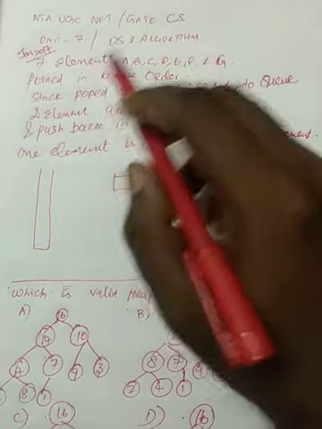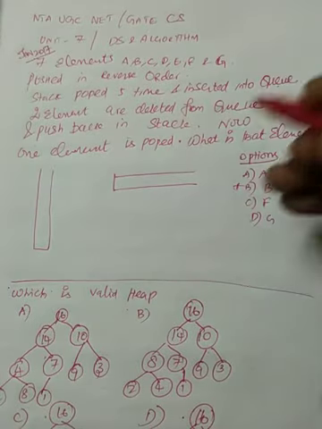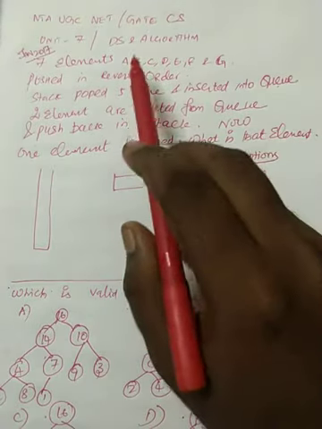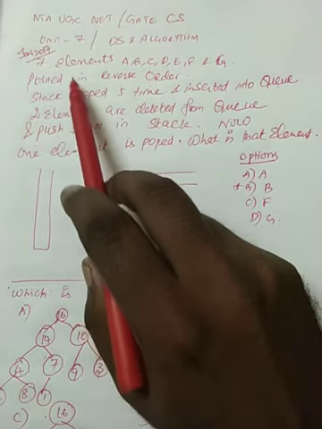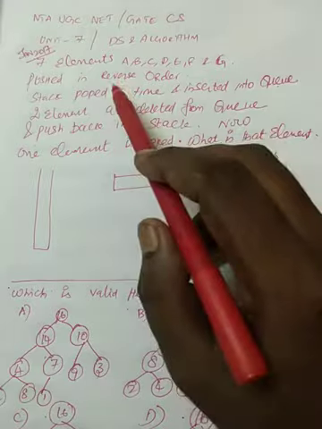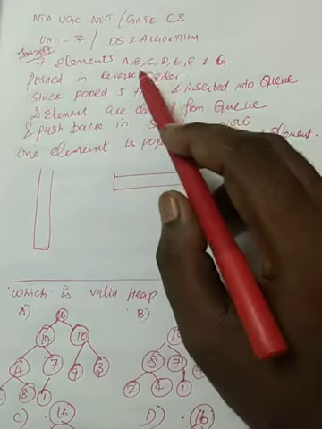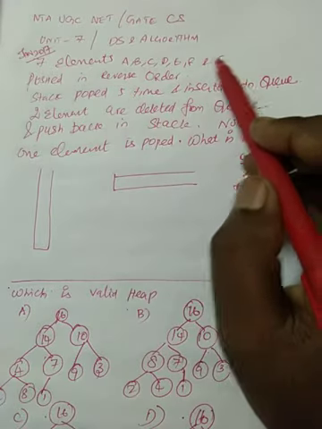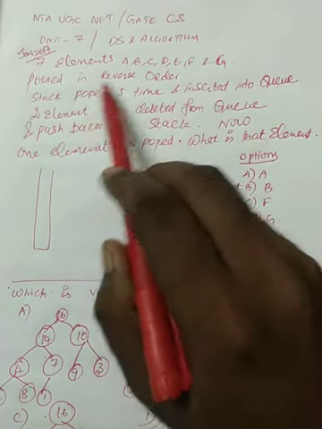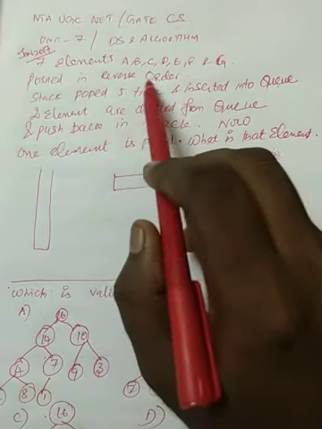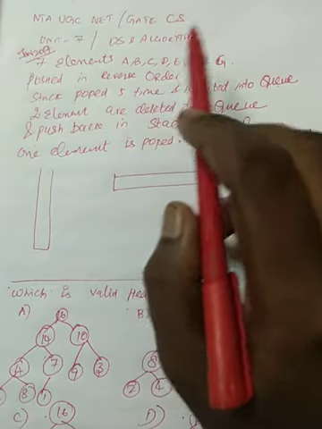Here I'll be discussing some more problems related to data structure and algorithm. One of the interesting questions here is: suppose 7 elements A, B, C up to G are pushed inside a stack in reverse order.